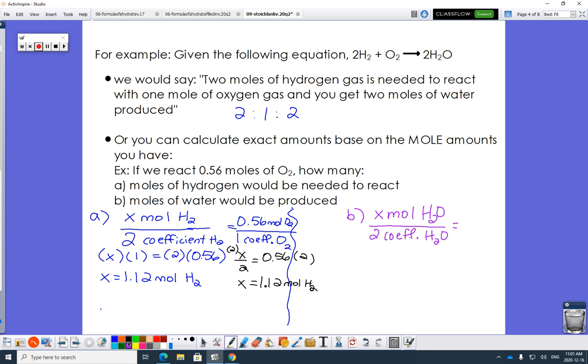You can change the mole amount, but the basic recipe is always the same. I'll do the same thing. I'll write it out both ways.